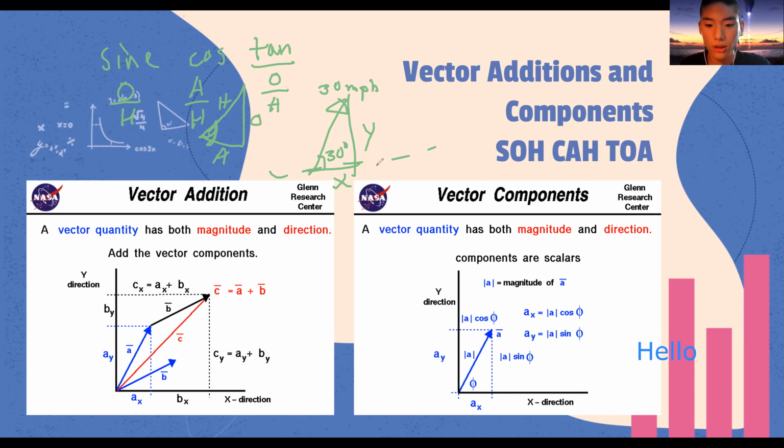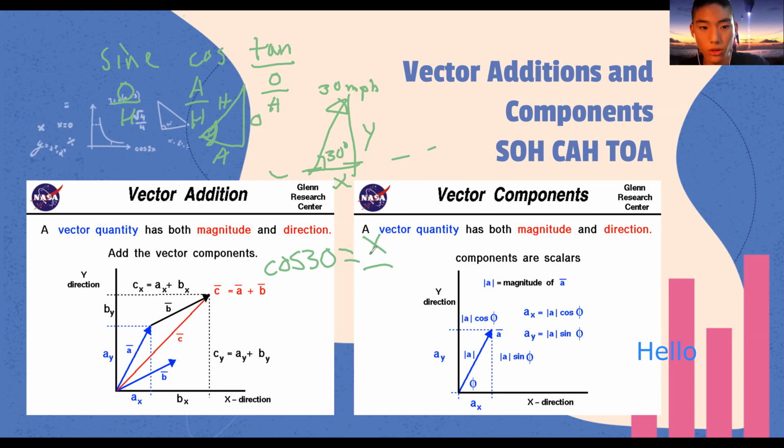Okay, so vector addition is basically adding the x component with the x component and the y component with the y component. Right now I have 30 miles per hour. To find the x component, I would say cosine 30 equals your adjacent over your hypotenuse, which is really x over the hypotenuse, and that hypotenuse is represented by 30 miles per hour.